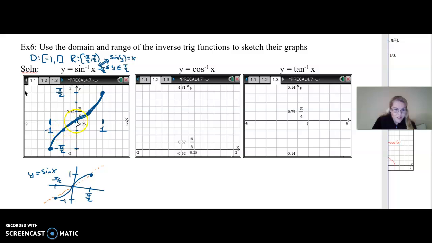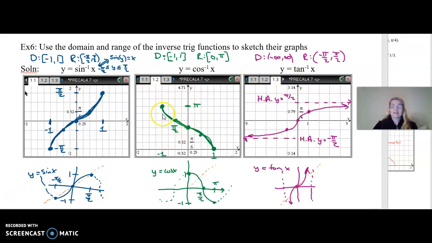Again, it's the reflection of this piece of the sine graph over y equals x. So very similar, but this is concave up, this is concave down. So that's sine of x. So try right now to do cosine and tangent on your own. And this is what the graph of your inverse cosine and inverse tangent should look like.